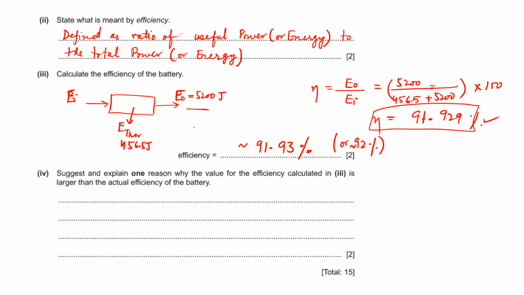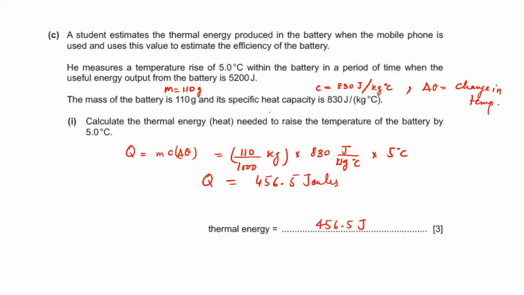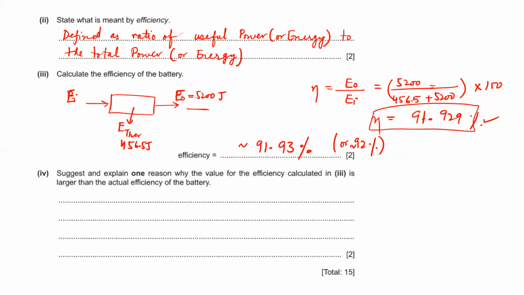For example, the thermal energy lost to the environment is not included. This is just the thermal energy that is needed to raise the temperature, which is used by the battery itself to raise its temperature. But no information about how much energy is lost to the environment is given. Then there is no information about how much energy is lost in the electrical components of the battery.